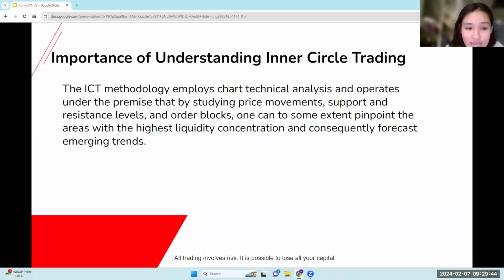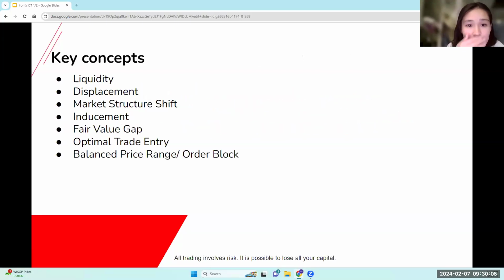It basically employs chart technical analysis and operates under the premise that by studying price movements, support and resistance levels, and order blocks, one can to some extent pinpoint the areas with the highest liquidity concentration and consequently forecast emerging trends.